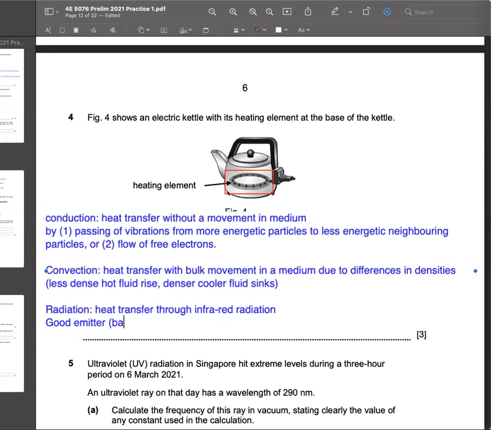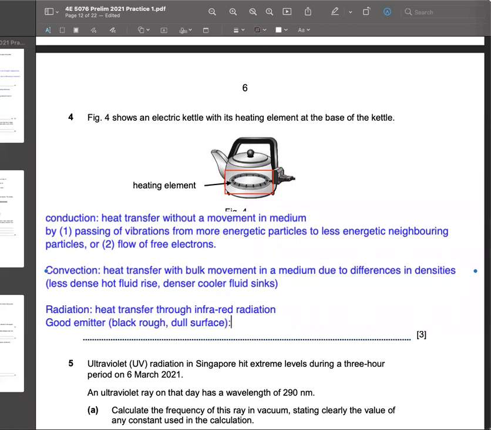When it is a black surface, rough surface. What else? Dull. Dull. Okay, so for all of these you must mention the word surface. All right.